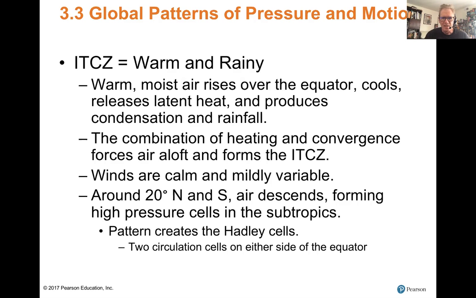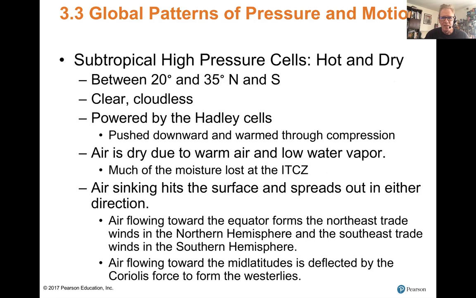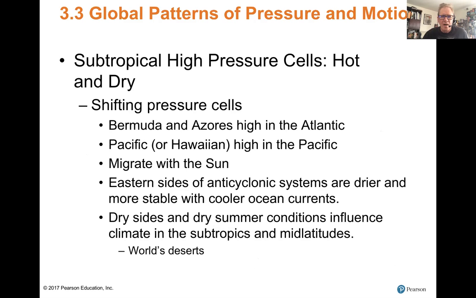So ITCZ, low pressure, warm and rainy. These subtropical highs between 20 and 35 north and south, generally clear and cloudless, and these are what are powered by the Hadley cells. So again, make sure you watch that animation in the course module. Then subtropical high cells, again, hot and dry.